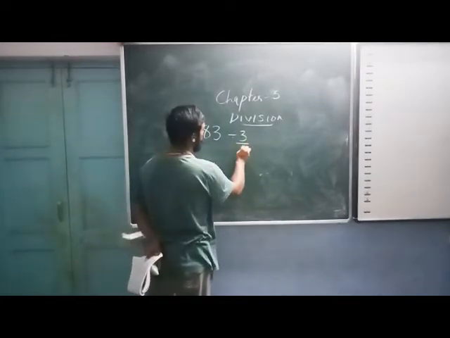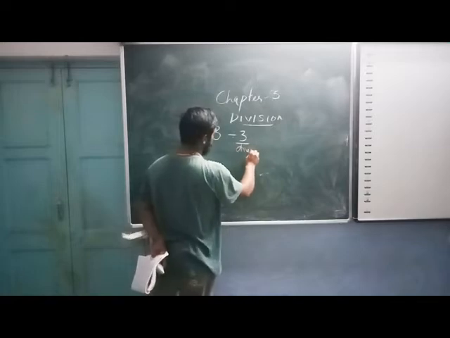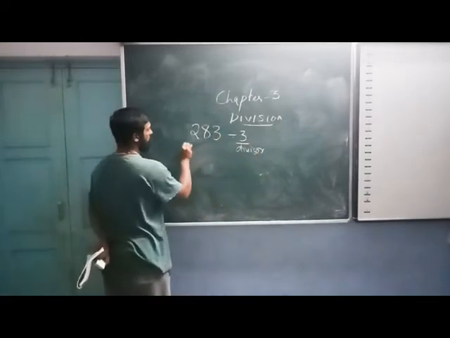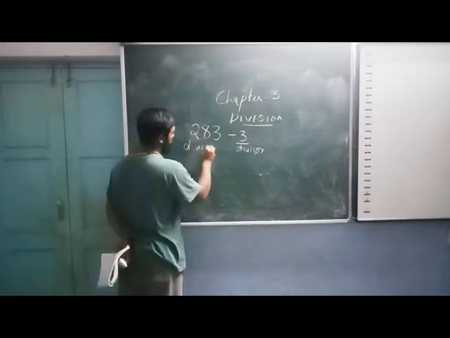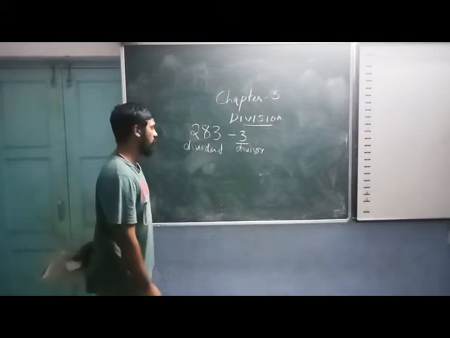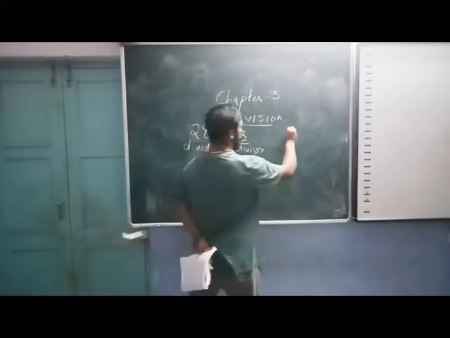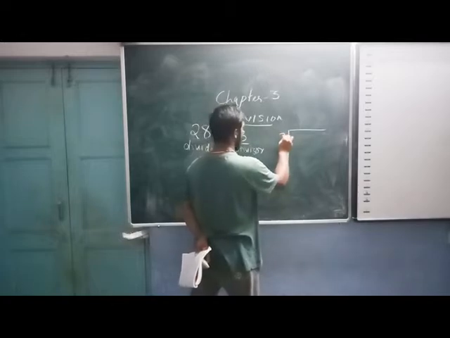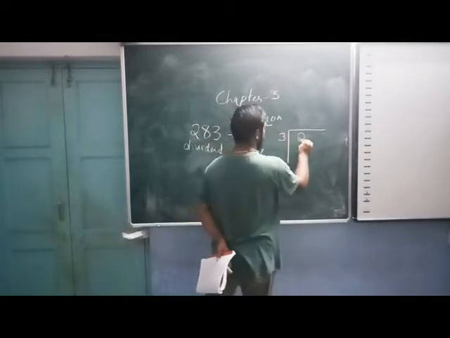This is called divisor. Okay, always remember these names. This is called divisor and this is called dividend. Okay, these names are important while doing the division. So first of all we draw the table, write the divisor, the dividend.